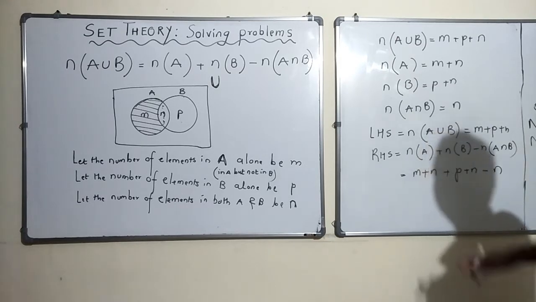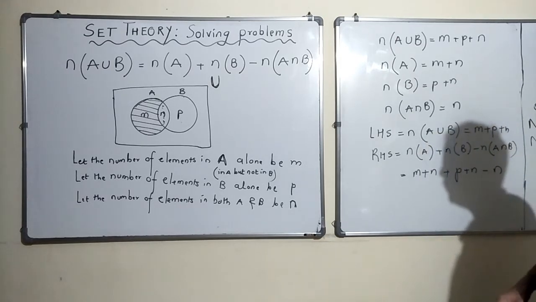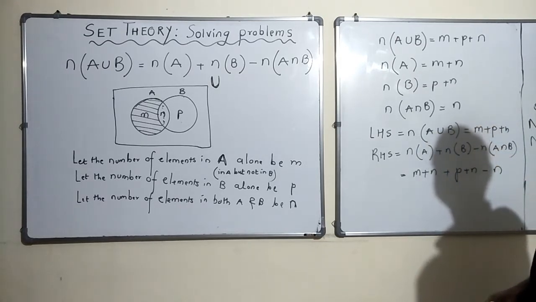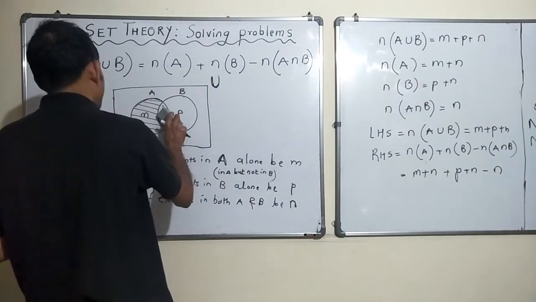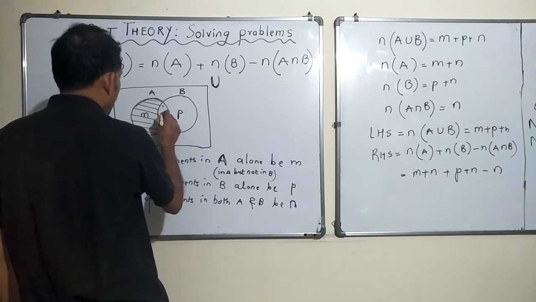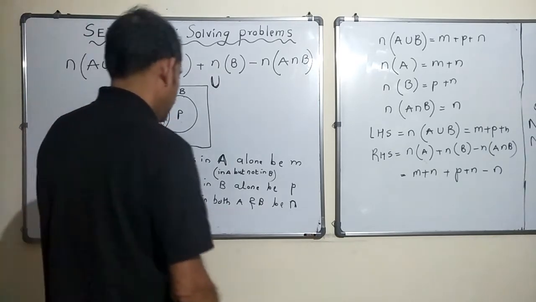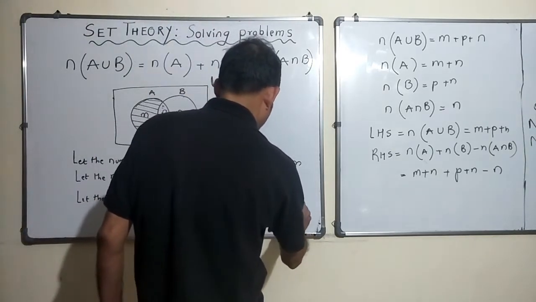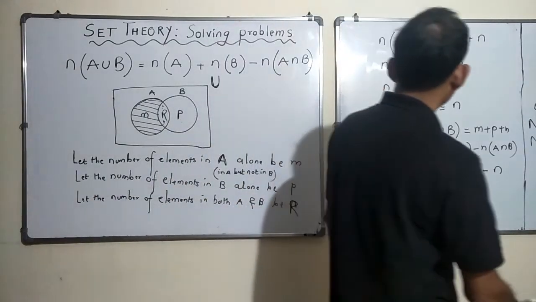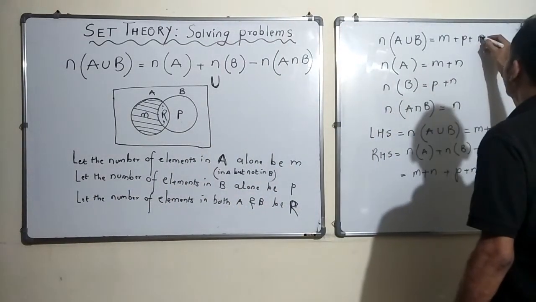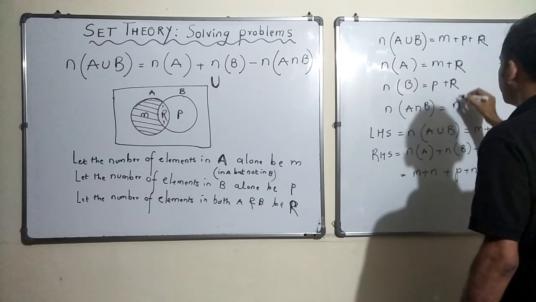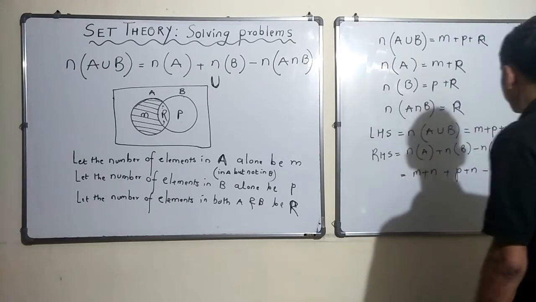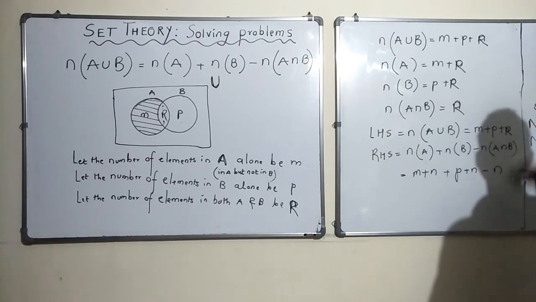Okay, don't get confused with this N and this N. If you are getting confused, maybe we can change it to R. Okay, let's say this is R. So let me change this to R, and this to R. All right, that's good, no?